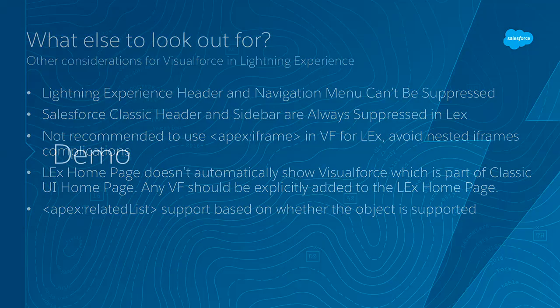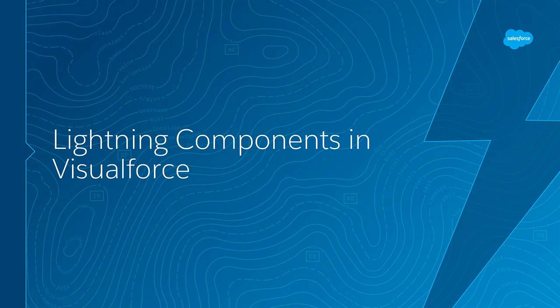So that was about using Visualforce inside Lightning Experience. But Lightning Components is a thing, right? It's our new technology. It's our way ahead as well. What if you want to include a Lightning component inside Visualforce? It was previously not possible, now it is.